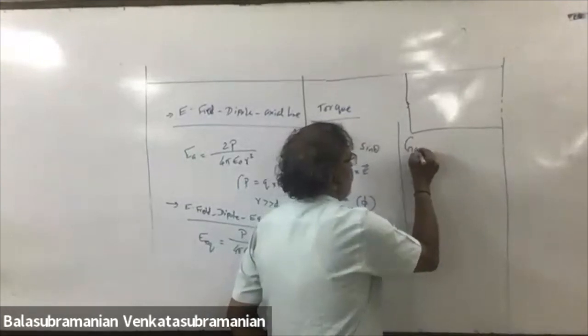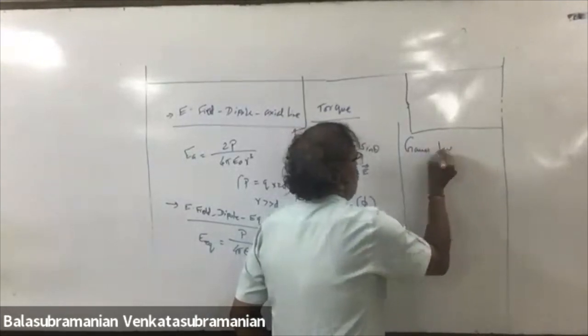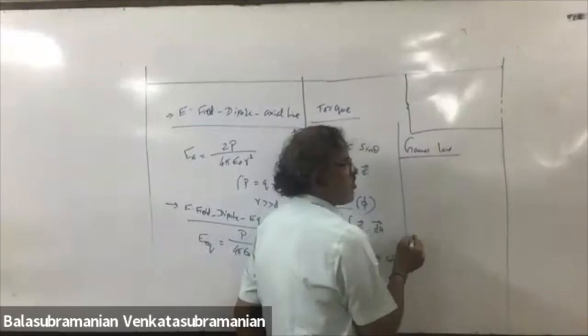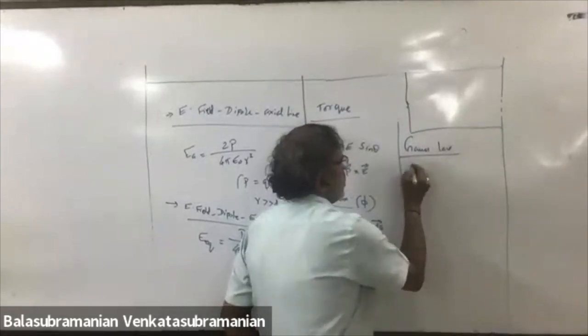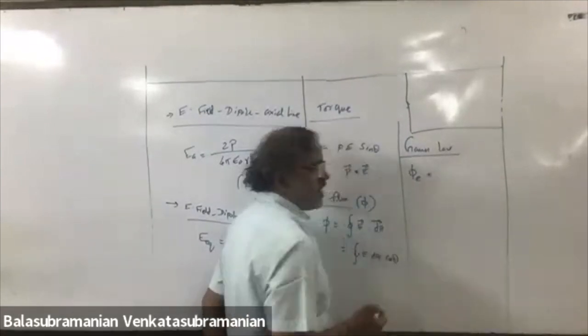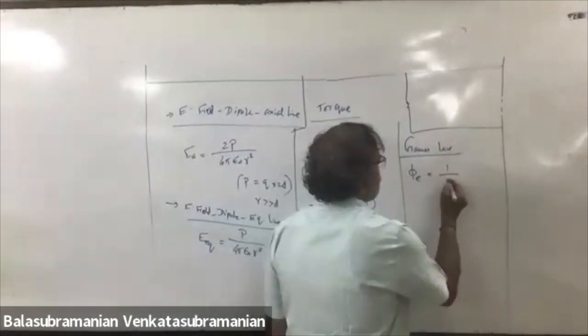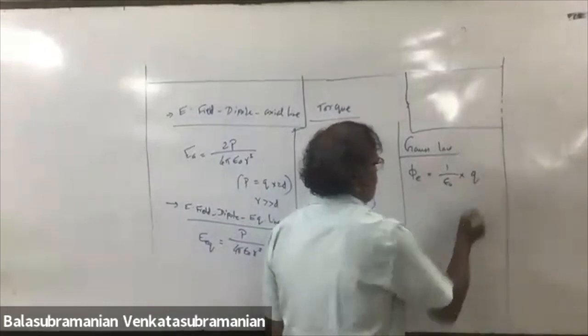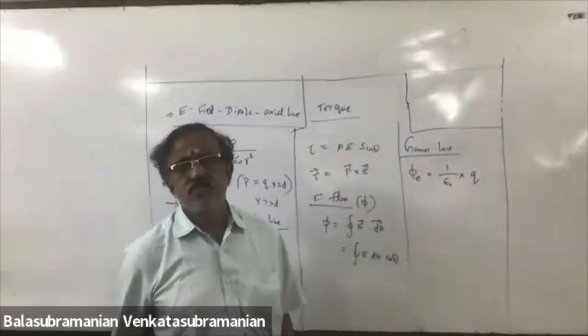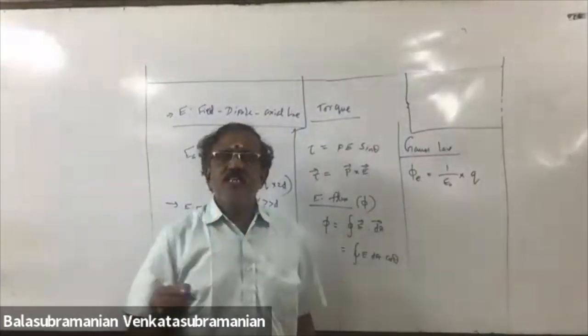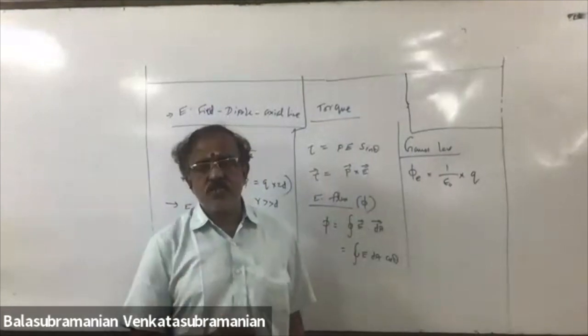Gauss law. In the case of Gauss law, the electric flux phi is equal to 1 by epsilon naught times the total charge enclosed in a Gaussian surface.